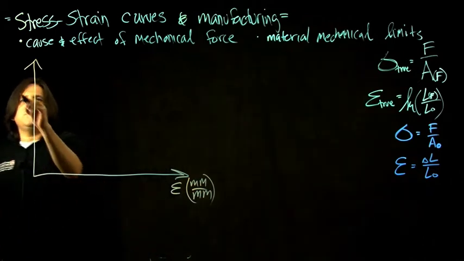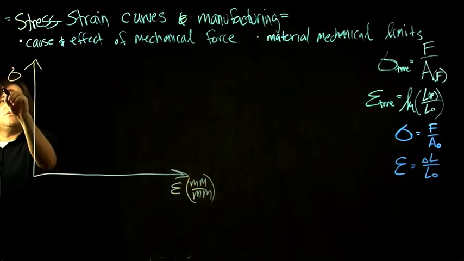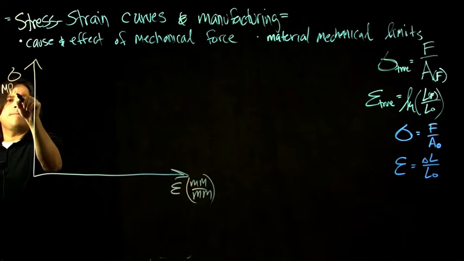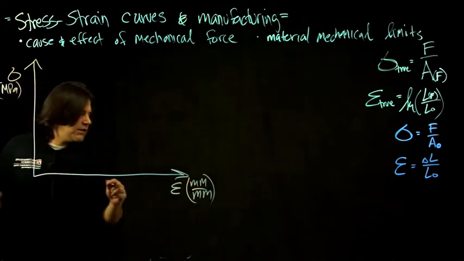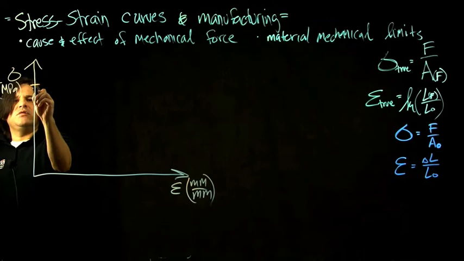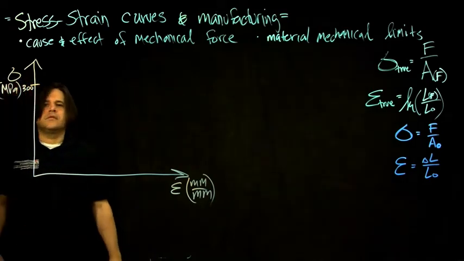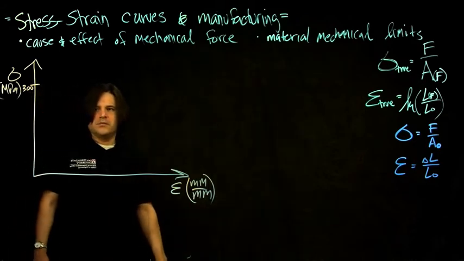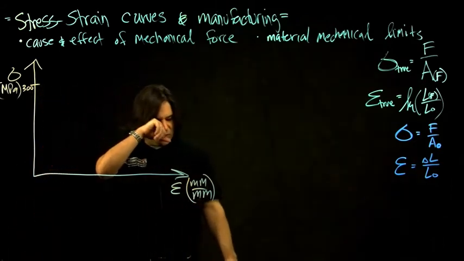The stress would be in units of megapascals. So this is the same units of pressure because it's force over area, but this is the mechanical sense. Most of the time we're talking about normal stress.